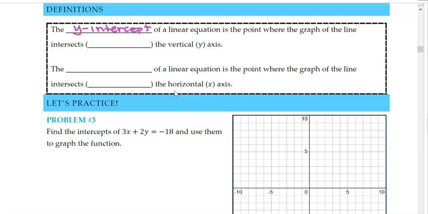So the y-intercept of a linear equation is the point where the graph of the line intersects or crosses, right, the vertical y-axis. The x-intercept is where the graph of the line intersects or crosses the x-axis.